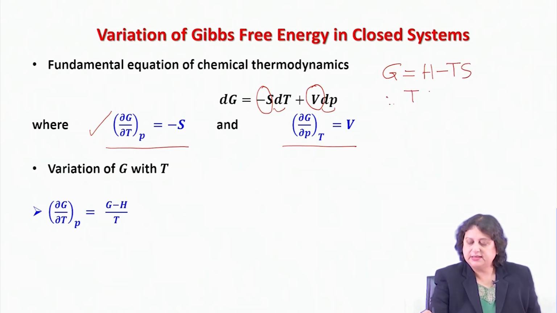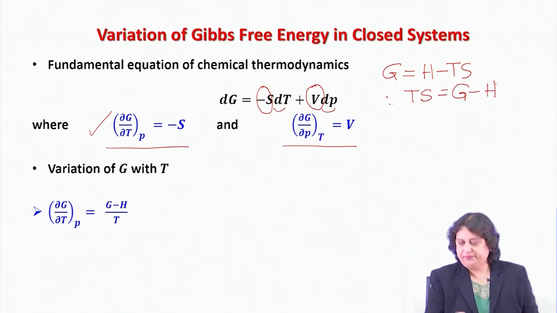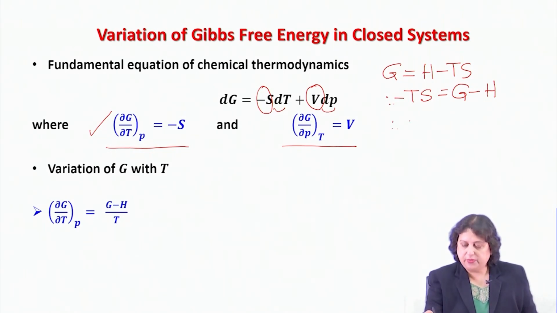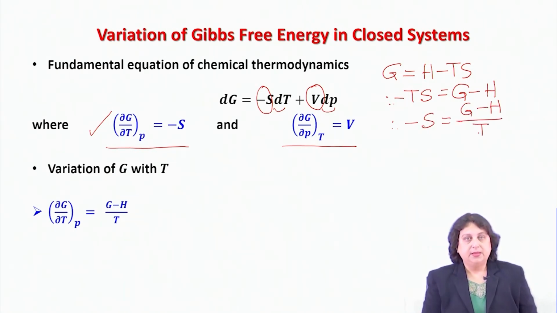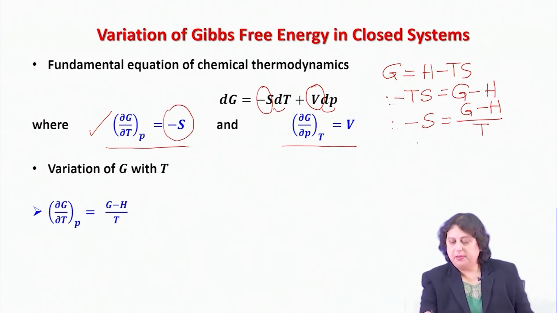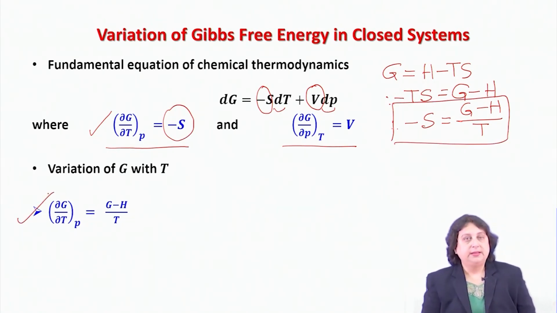Therefore, I can write TS is equal to H minus G, so minus TS is equal to G minus H. Therefore, minus S is equal to (G minus H) by T. Therefore, I am going to replace minus S in this relation by this expression, and this is what I get. That is, (del G/del T) at constant P is equal to (G minus H) by T.